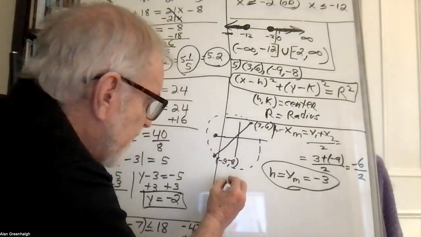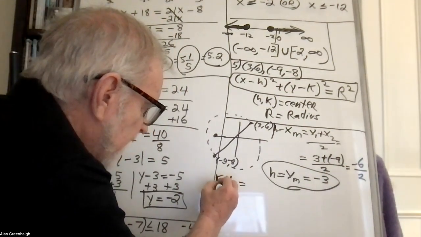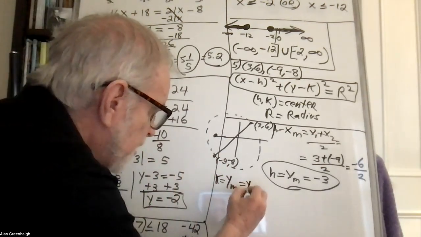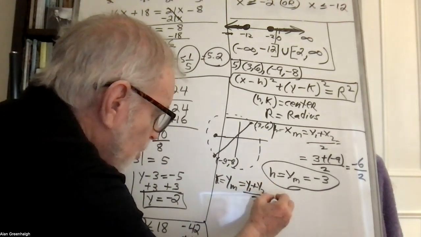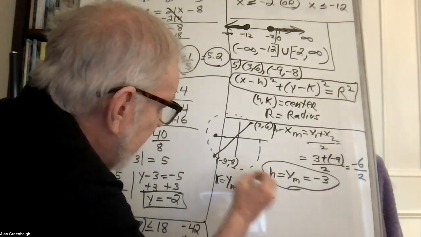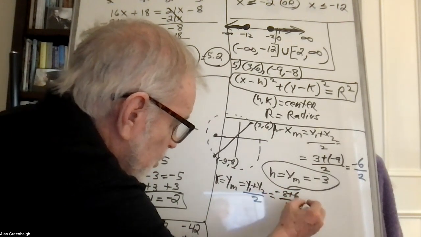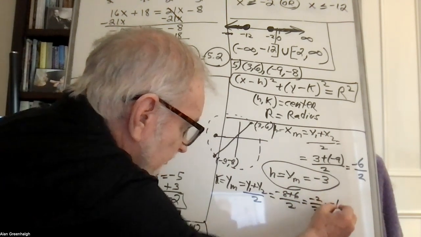Then you would find the y coordinate of the midpoint, which is equal to k, and that would be (y1 + y2) over 2, which would be -8 plus 6 divided by 2, which is -2 divided by 2, or -1.